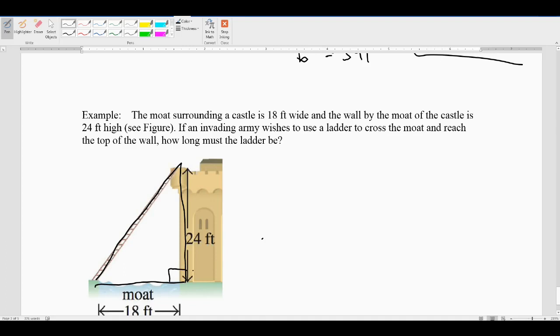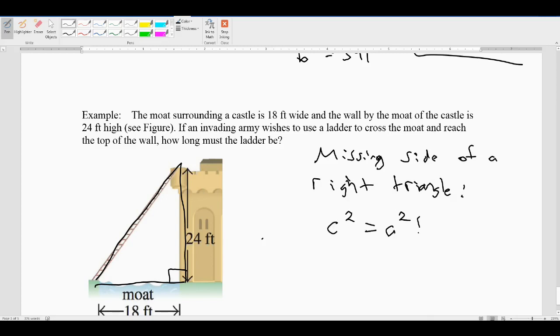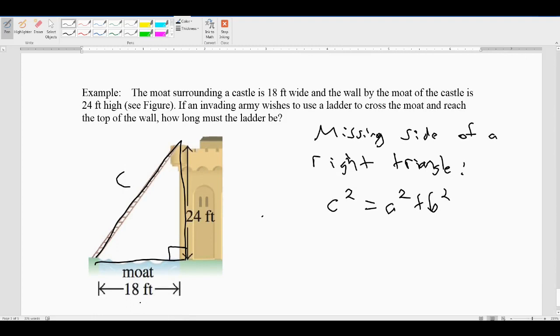Anytime you're asked to find the missing side of a right triangle, use the Pythagorean Theorem, no matter what side it is. This side happens to be C again, and so we can call this one A and call that one B. Doesn't matter. We have C squared equals 18 squared plus 24 squared.